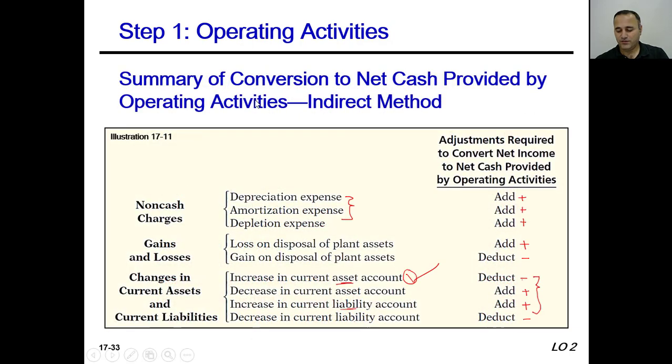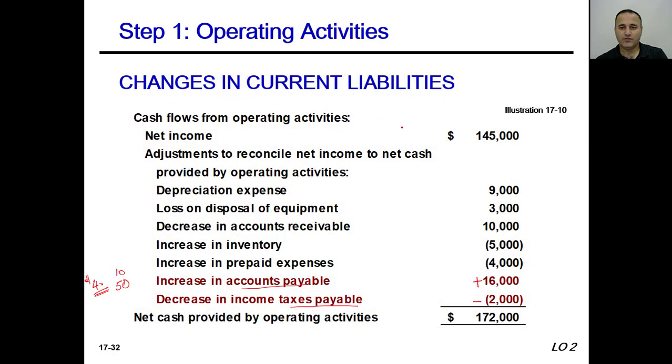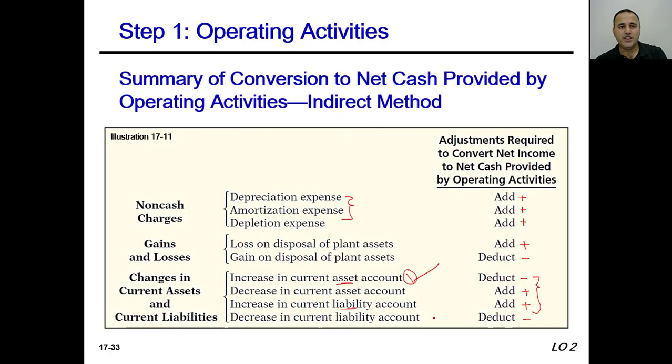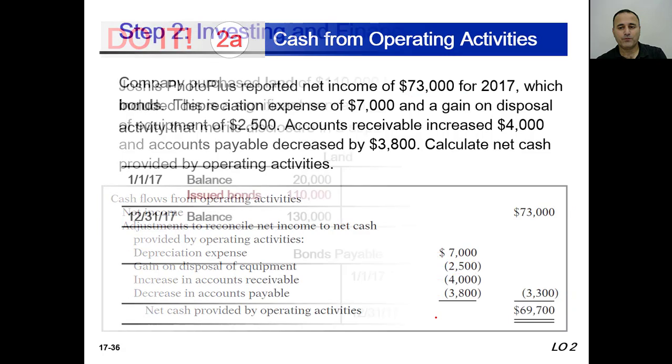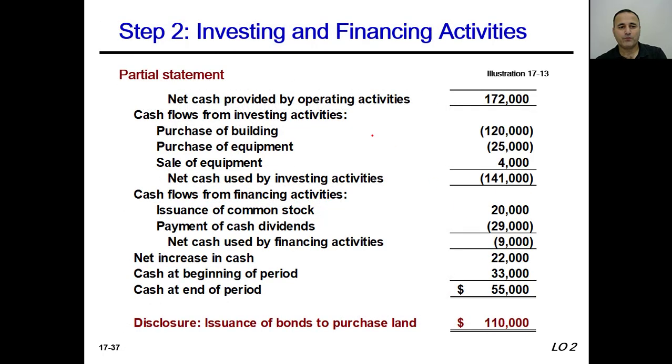This is the number, 172. So we already calculated the operating part, and there are some other investing and financing activities.